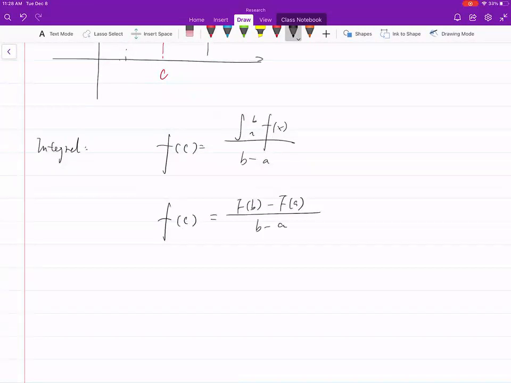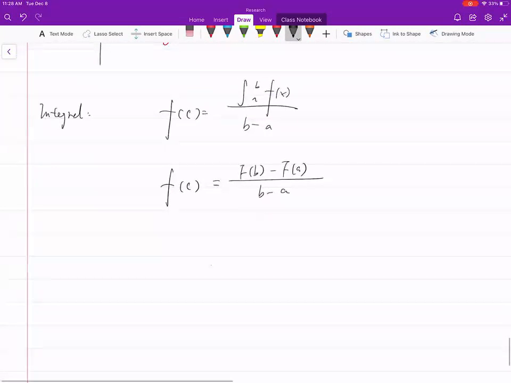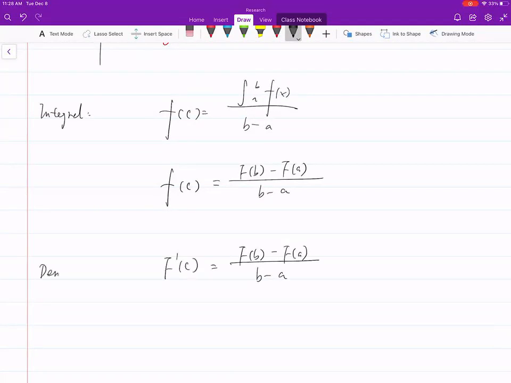Do you remember the previous mean value theorem? What does it look like? It looks exactly the same, except you put this. This is the derivative version.